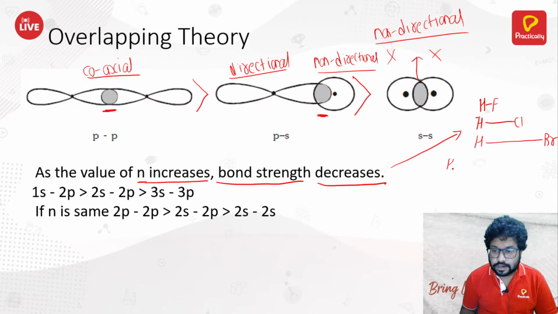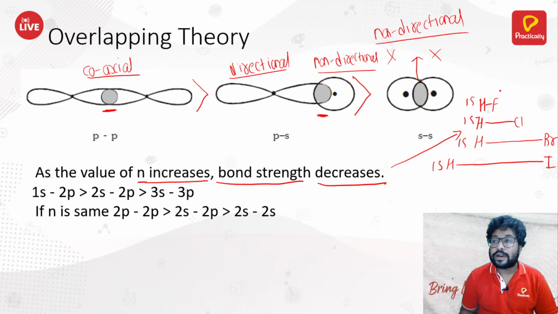If you take hydrogen, iodine, it would look like this. Now hydrogen is constant everywhere. Okay, for hydrogen you have taken what orbital? 1s, 1s, 1s. For fluorine it's what? 1s2, 2s2, 2p5. It's 2p, is 3p, is 4p here, and lastly it's 5p here. So this n is increasing, right?